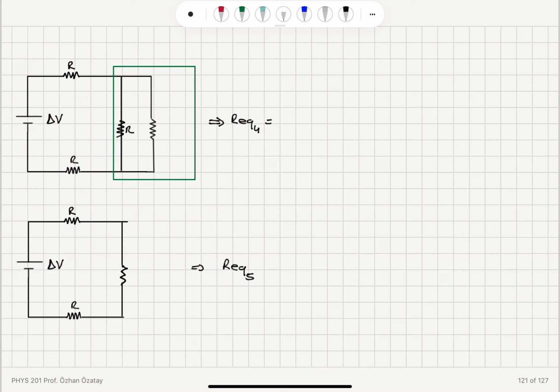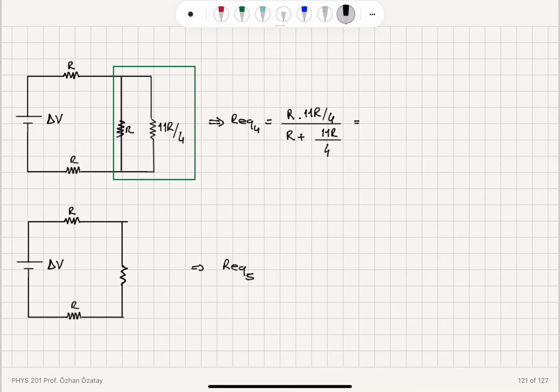So here we have 11R over 4 connected in parallel with R. So the equivalent resistance of this part will be the product R times 11R over 4 divided by the sum R plus 11R over 4.